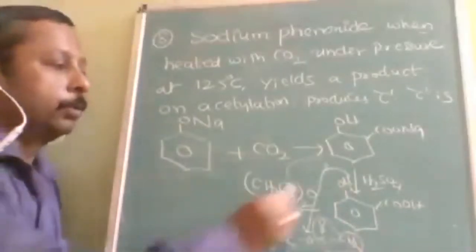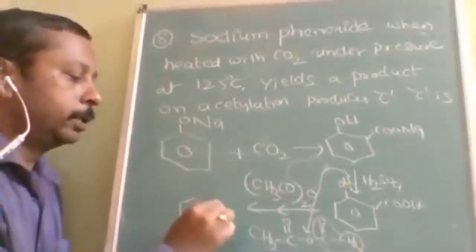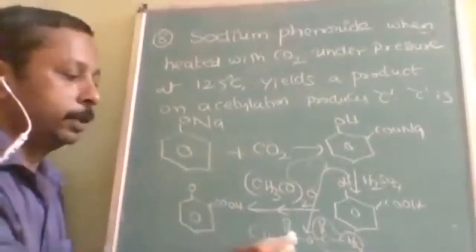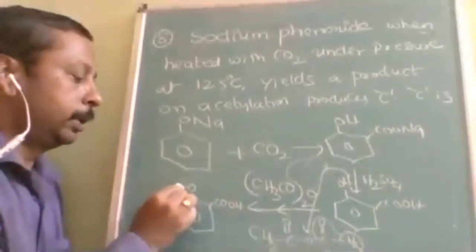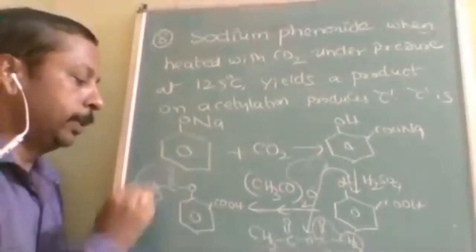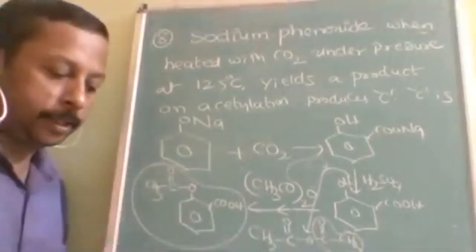So what will be the product? COOH is retained at the same position, and here there is oxygen, then C double bond O and CH3. This is aspirin.